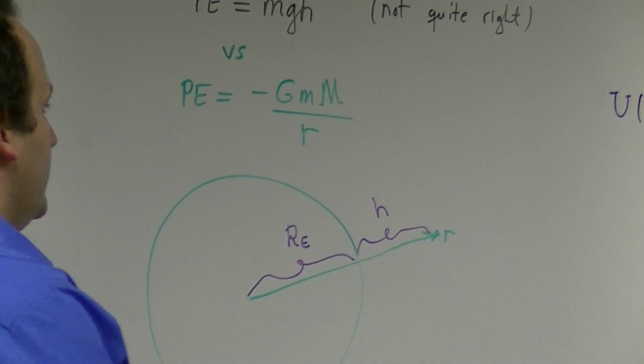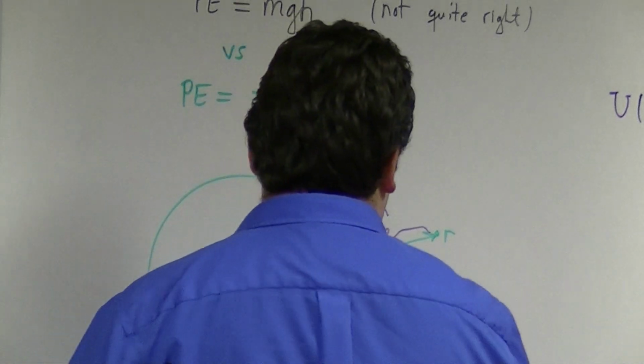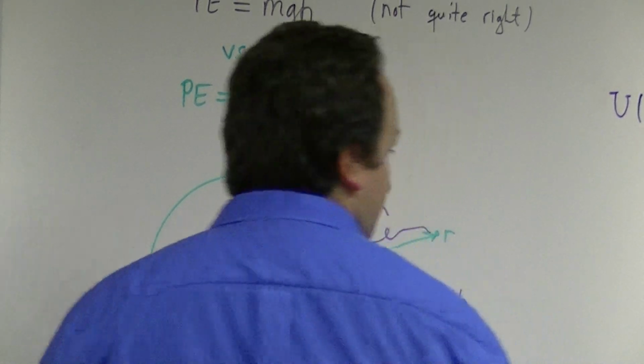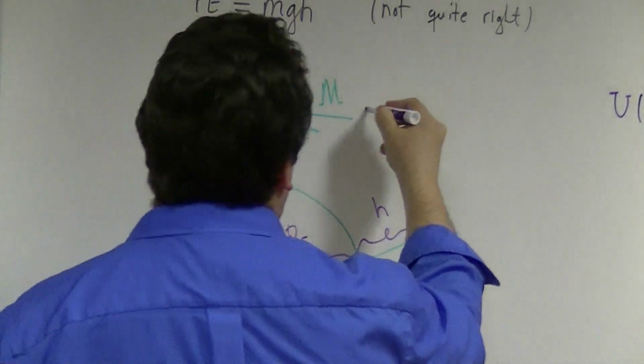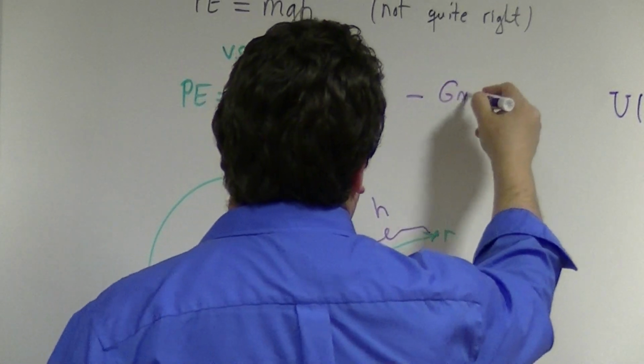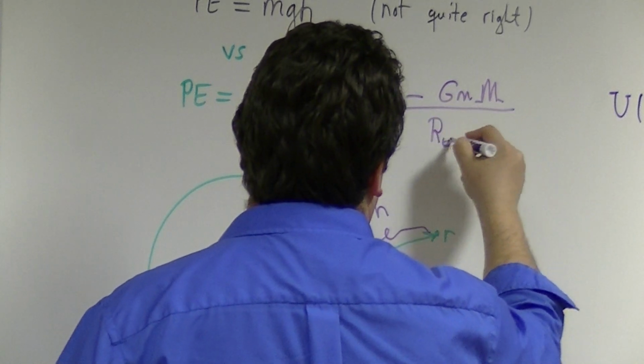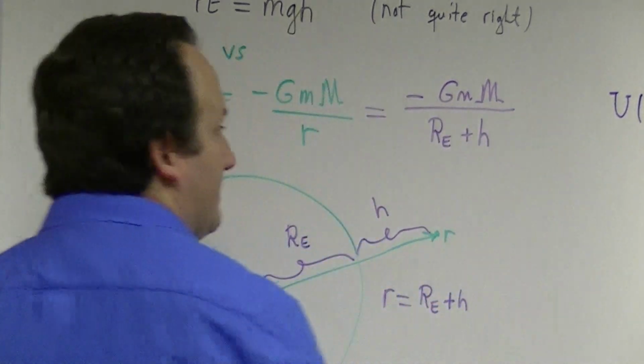So in fact, r is equal to the radius of the Earth plus the altitude. And so what I really have here is minus G M M over the radius of the Earth plus h.